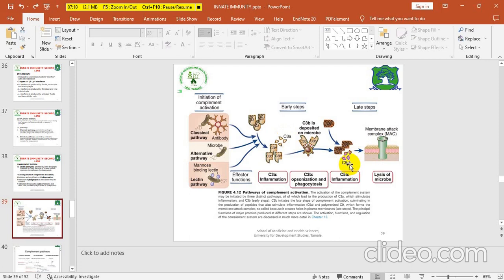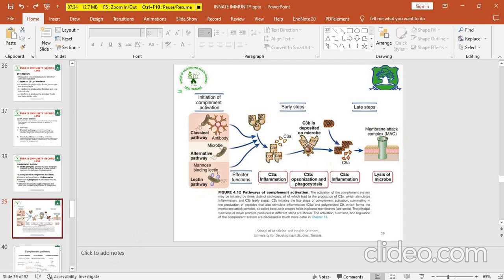C5a, inflammation, that also kills the organism. Because of inflammation, there will be high temperature, and the organisms don't like high temperature. C3b will coat the cells of the organism so that they will be recognized by phagocytes and destroyed. Then the lectin pathway will lead to the membrane attack complex that will finally kill the organism.